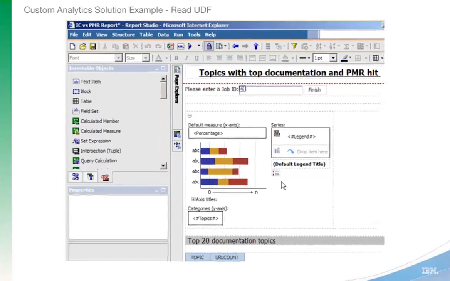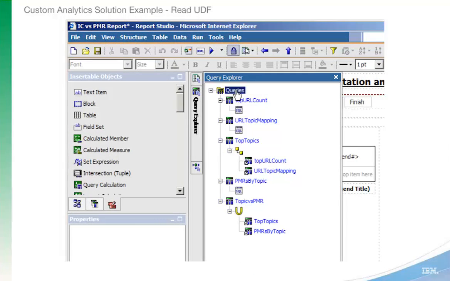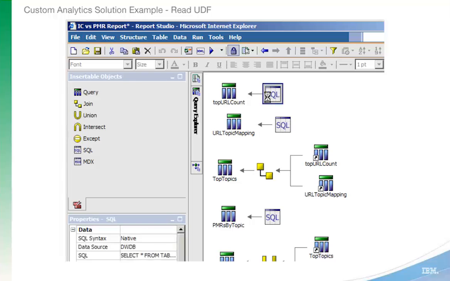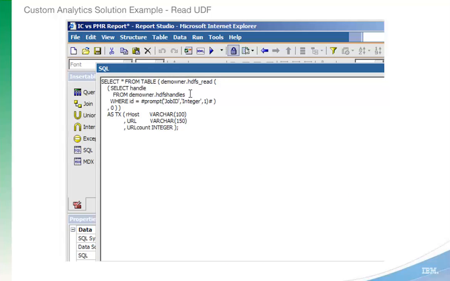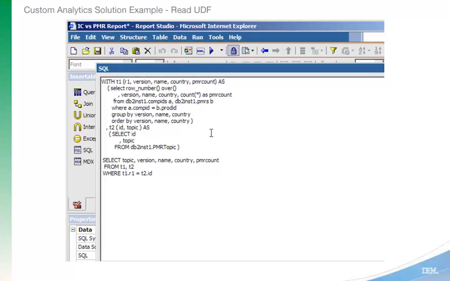Here is the report we are using to retrieve the weblog data from the Hadoop cluster. The SQL statement calls the user-defined function called HDFS read, which accesses the data in the Hadoop cluster with the job ID specified in the report. We have other statements in the job to help us analyze the data. We are also accessing customer service data in the form of problem management reports, PMRs, which is stored in a relational database.